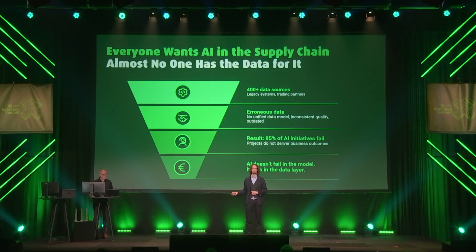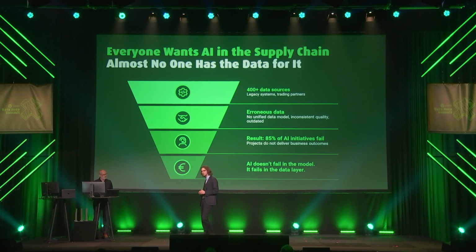So these are your core systems, your legacy on-prem databases, emails with those small customers with PDFs attached, trading partners, everywhere. Now, once you're able to tap into that data, then you'll find that in many cases it's erroneous. Maybe it's out of date. There is no unified data model. The quality is inconsistent.